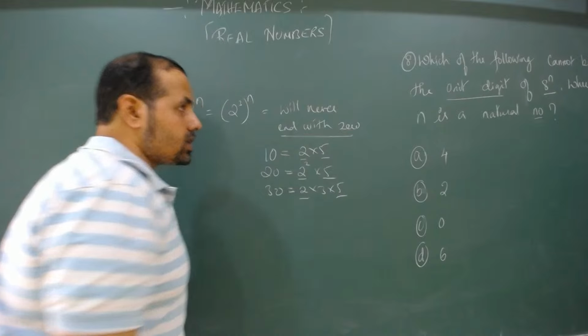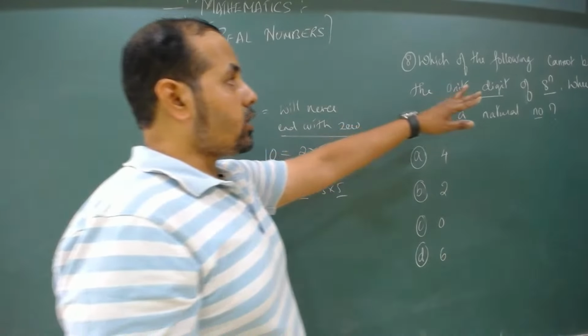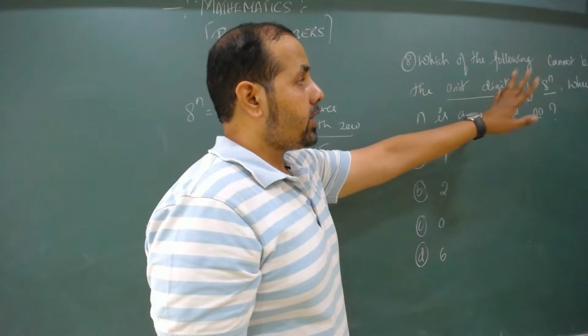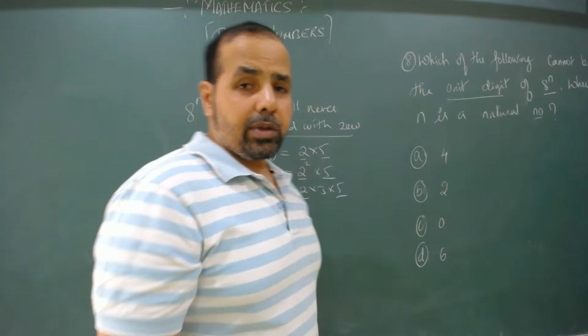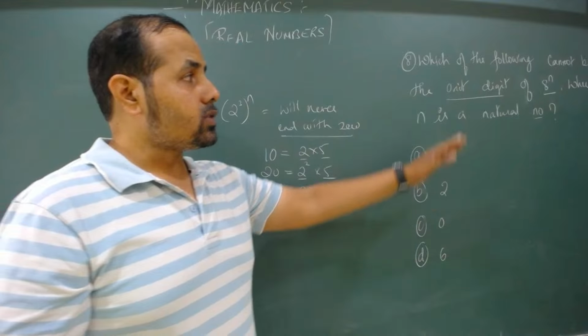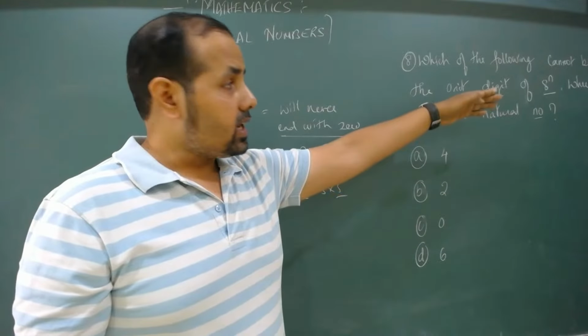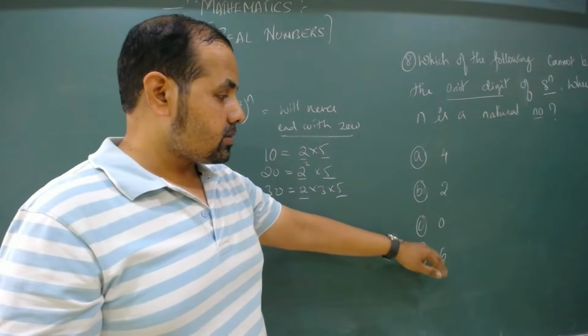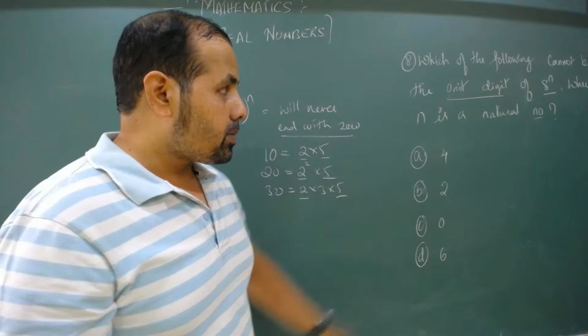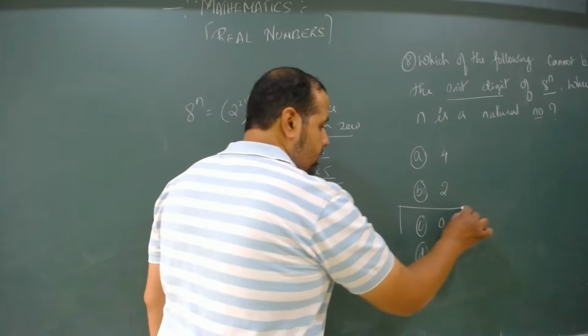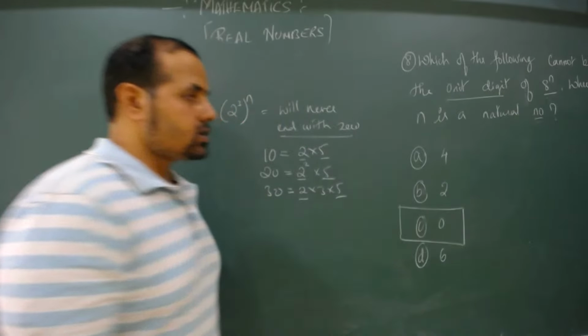So according to that, which of the following cannot be unit digits of 8 to the power n? 4 can be the unit digit, 8 square is 64. Yes, true. And if I take 8 to the power 3, it will end with 2, and some other power will end with 6. But 8 to the power n can never end with the digit 0.